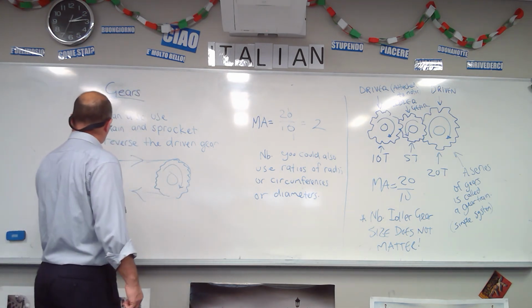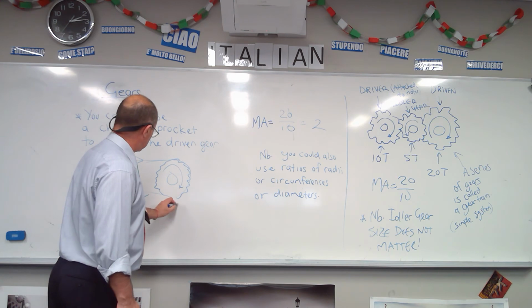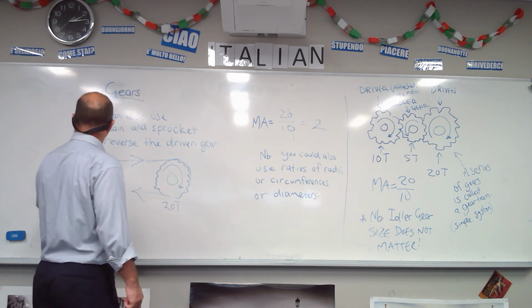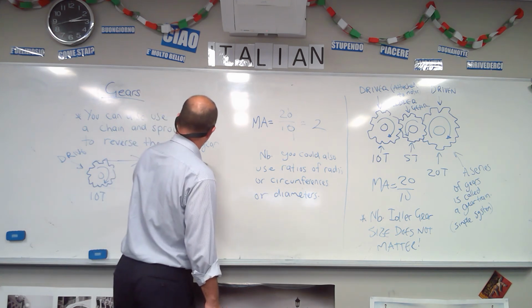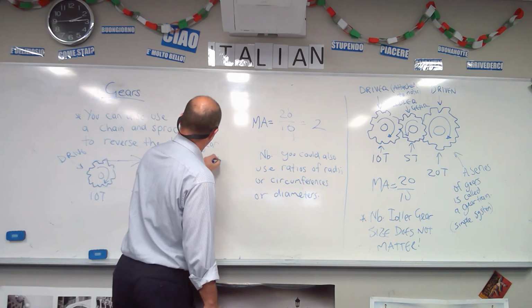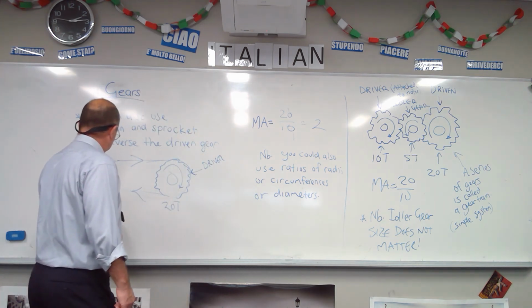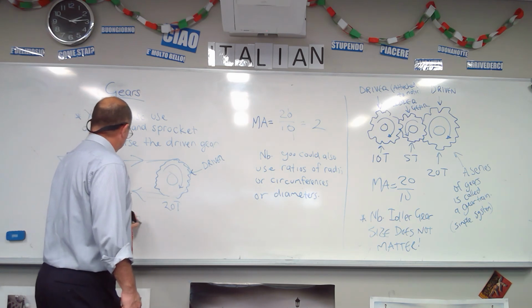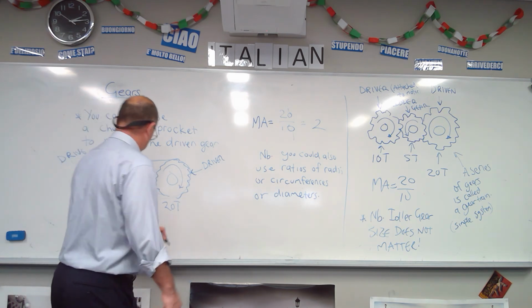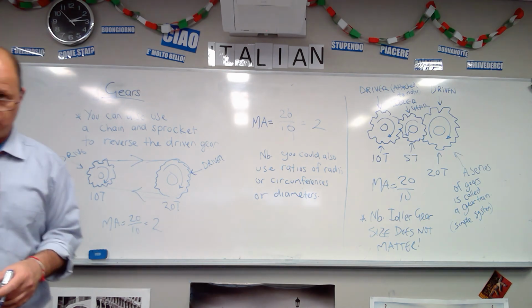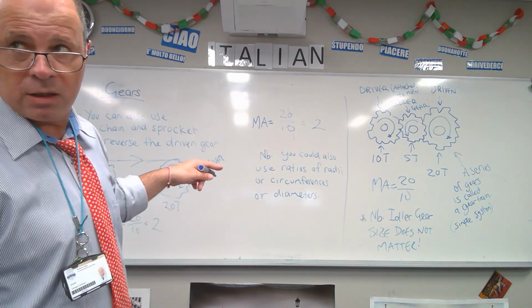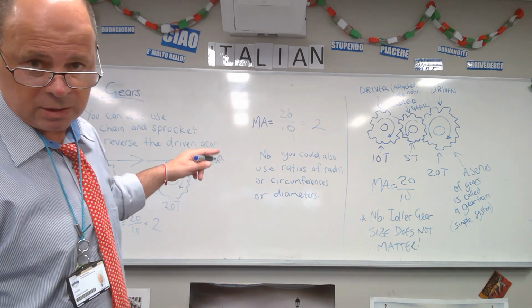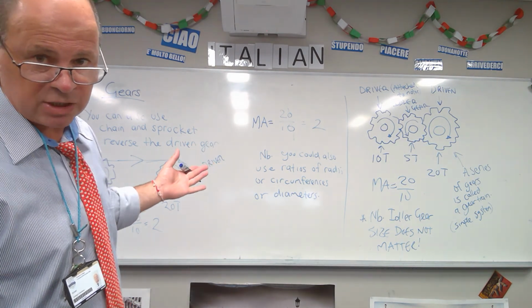So if we had 10 teeth, 20 teeth, this is drive, and this is driven, mechanical advantage is still going to be 20 over 10, which equals 2. So it's the same as our first example, but it's going to spin in the same direction. That's the only difference.